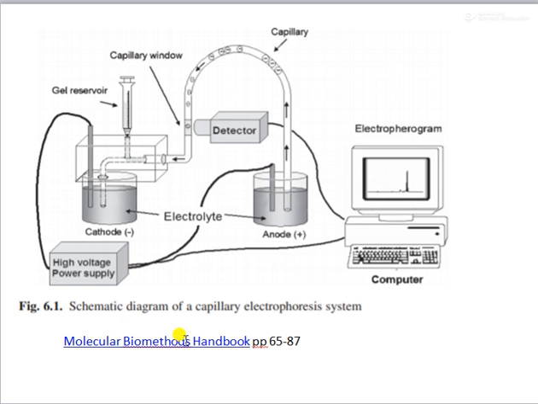Now this is a pictorial representation of a capillary electrophoresis, where the separation is carried out in a capillary tube, and of course the capillary tube is immersed in the cathode and the anode. Unlike conventional gel electrophoresis where you have slabs of gel, here it is carried out in a capillary tube, and a detector is also connected.